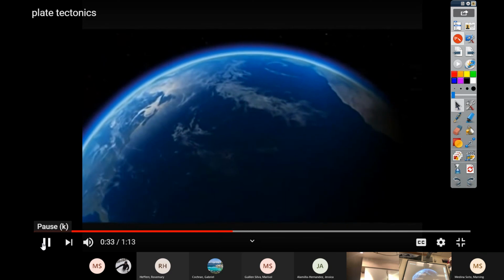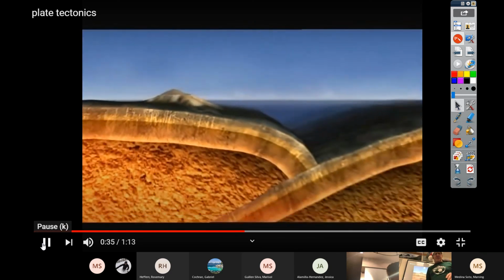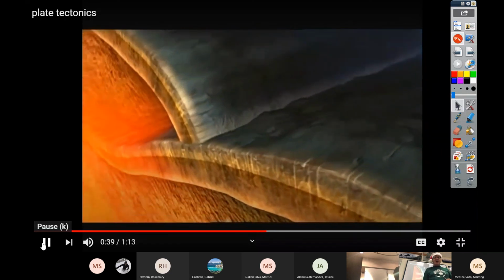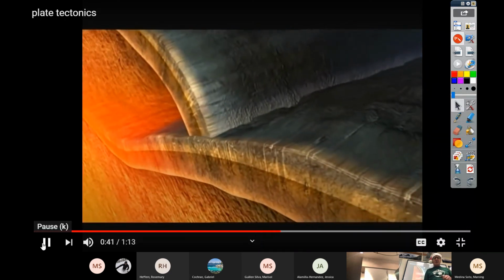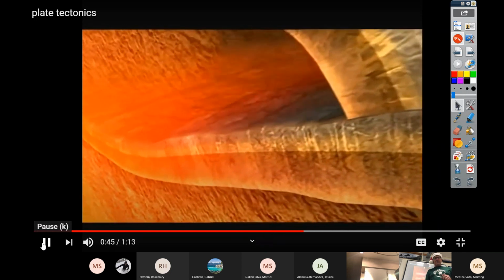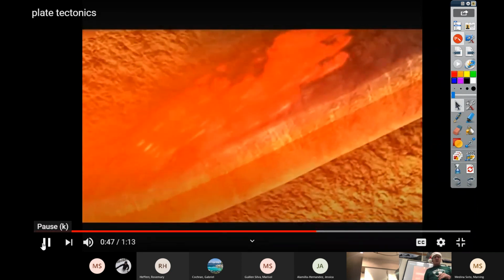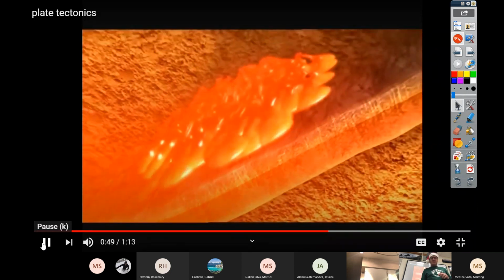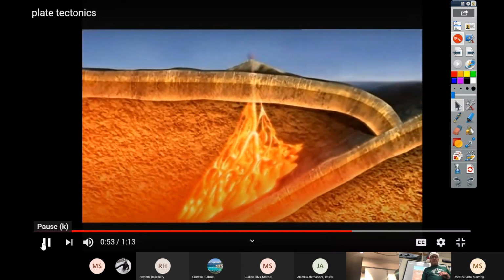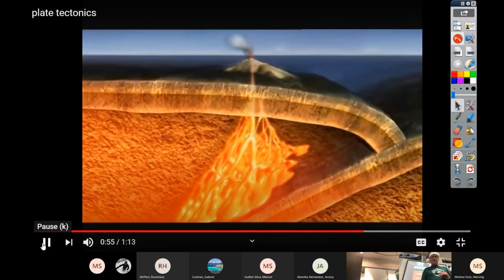So look at this video. I think it shows how they're in contact with one another and how the edges of the plate get dragged down deeper to make this really deep part of the ocean floor, the deep sea trench. And then we have magma forming, rising up and erupting in a volcano.